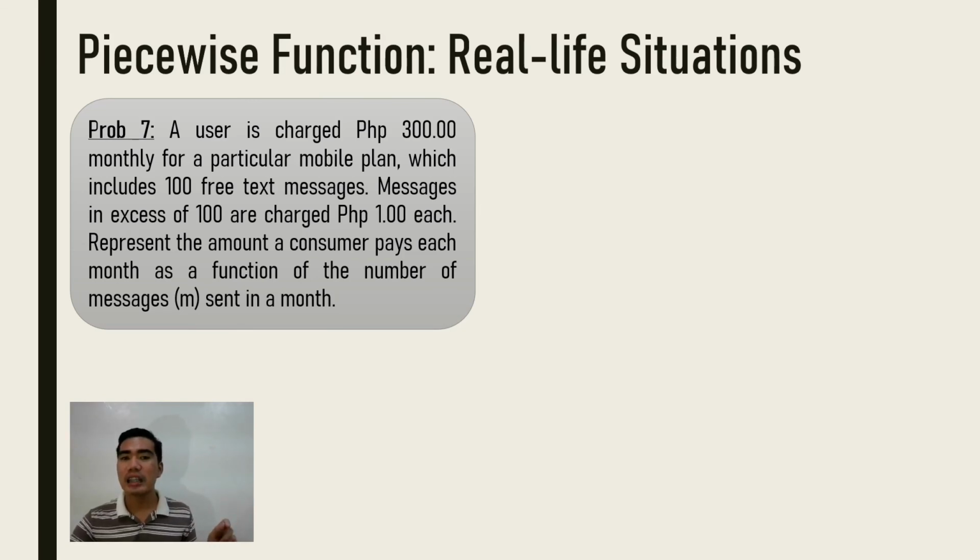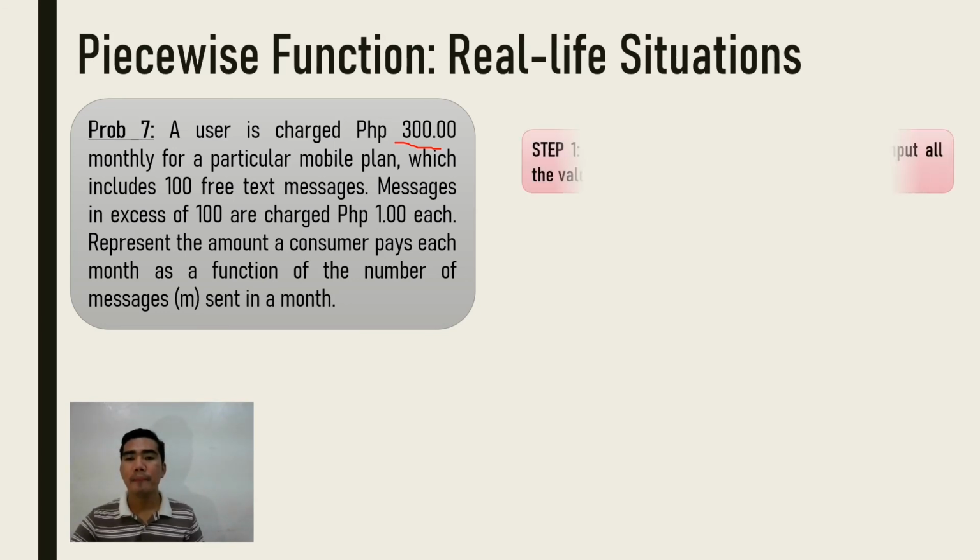Okay? But this time, pag mag-exceed siya, let's understand the problem again. 300 yung charge monthly. Pero, pag hindi siya mag-exceed sa 100 text messages, in other words, 300 lamang yung babayaran niya. Pag mag-exceed sa 100, may additional charge na 1 peso.